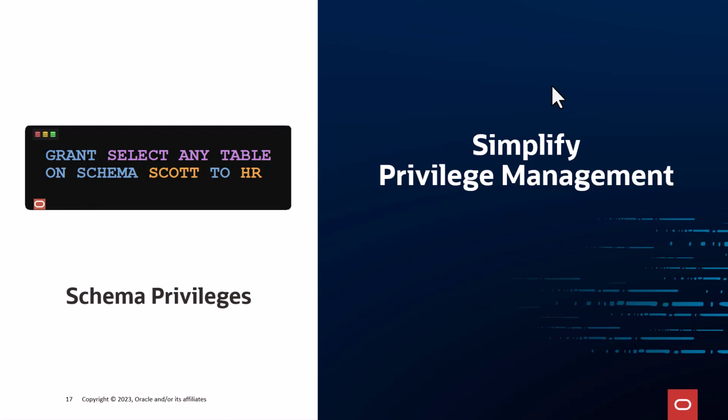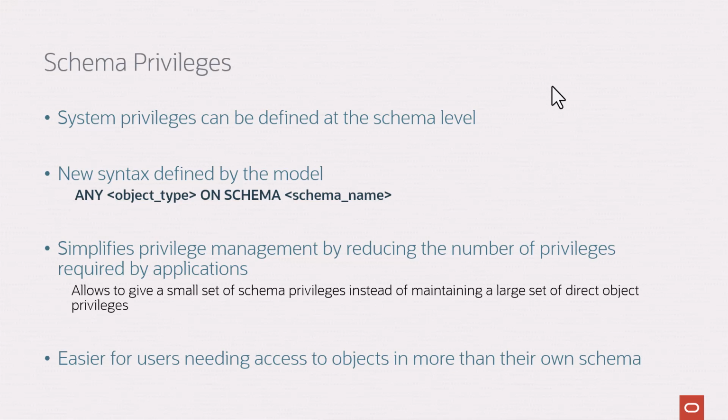Now, this is really good if you work on your own schema, but in many applications, you have a schema that is shared by a number of database users, and each of these database users needs access to the shared schema besides a private schema. In Oracle, we can grant privileges on a different schema than your own through system privileges, but that's a problem because it's too wide a scope.